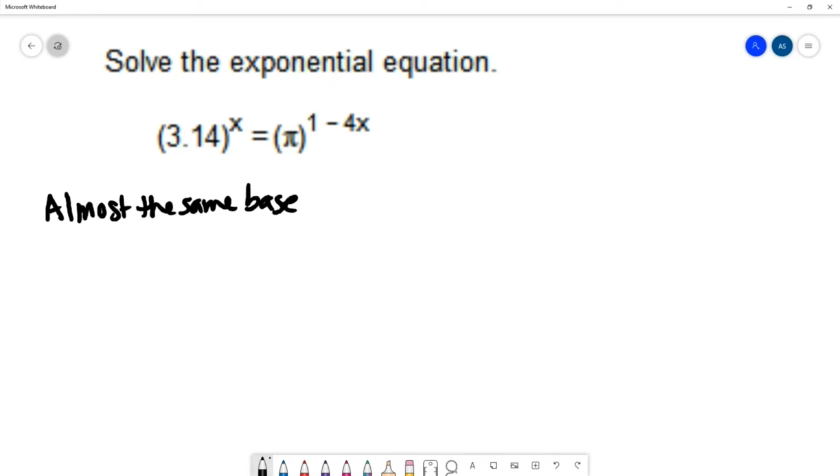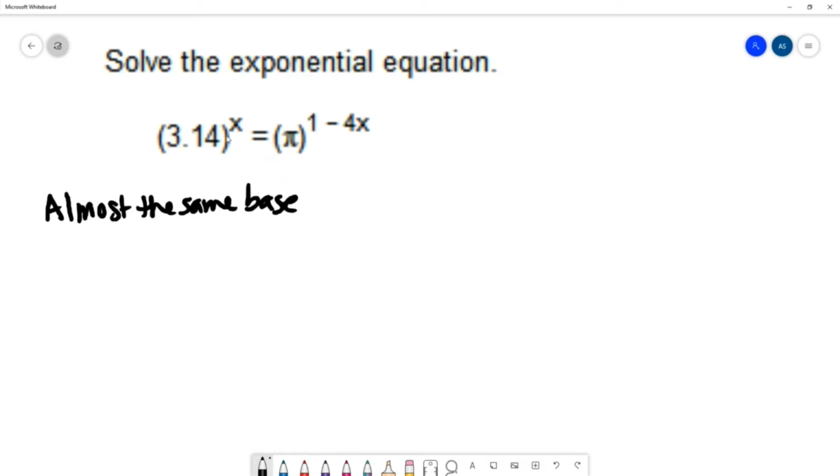Now that is important because one of our methods for solving exponential equations is the relating the bases method. And in that method, we try to make the bases the same on both sides. So I'm going to use that relating the bases method on this example.